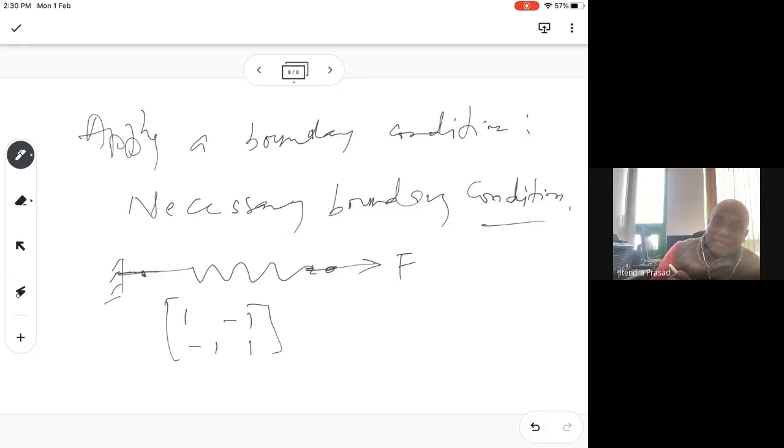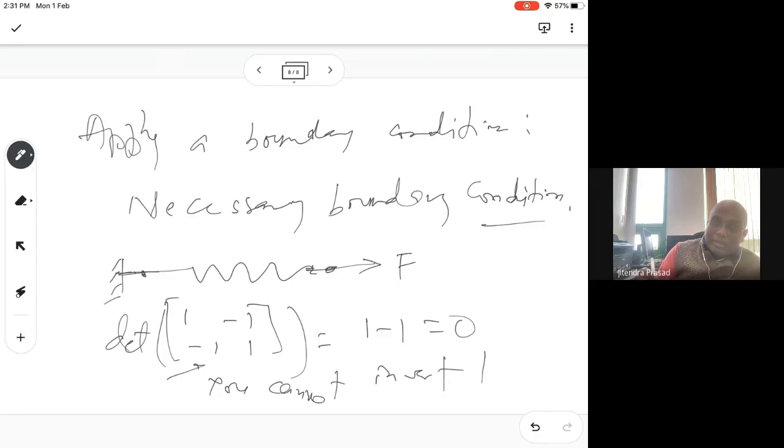If you take the determinant of that, what do you get? You get 1 minus 1 equal to 0. Determinant is 0. So basically, can you invert? You cannot invert. What does that mean? Either there is no solution, or there is some problem with that, right? So you cannot find the unique solution.